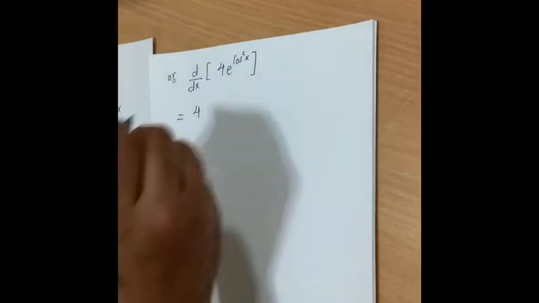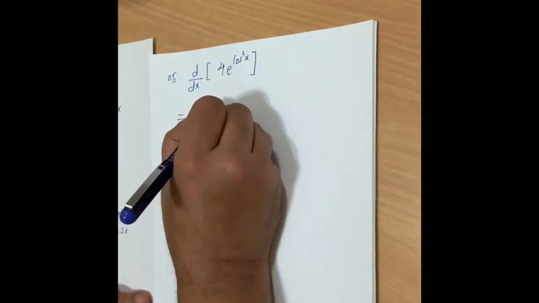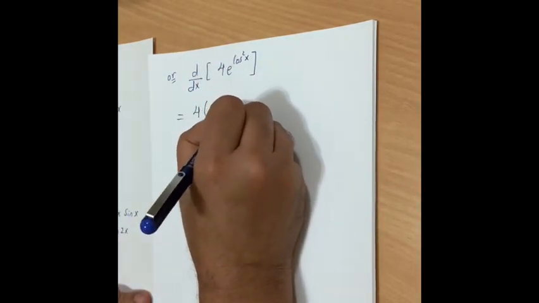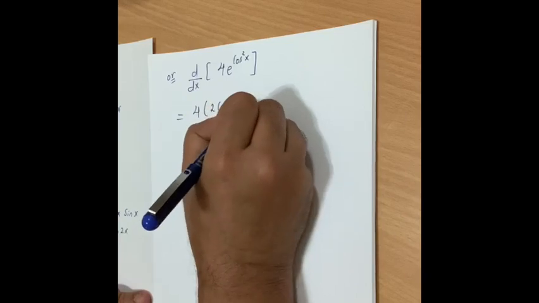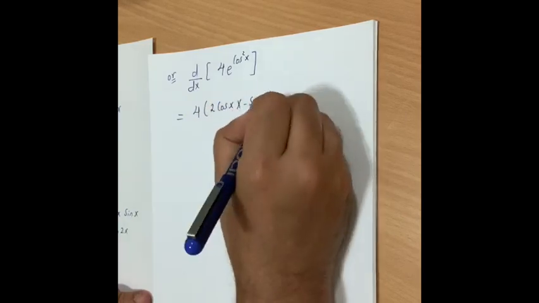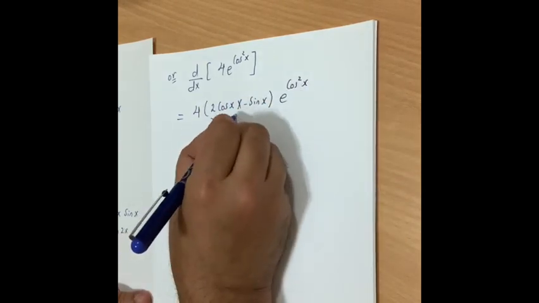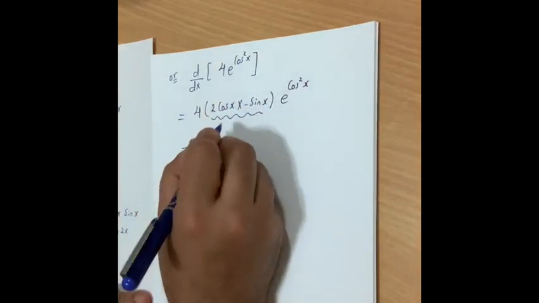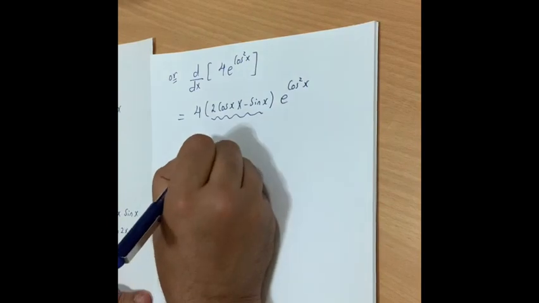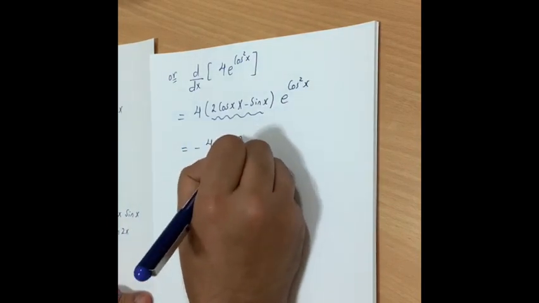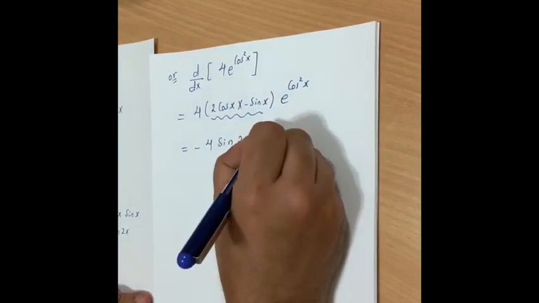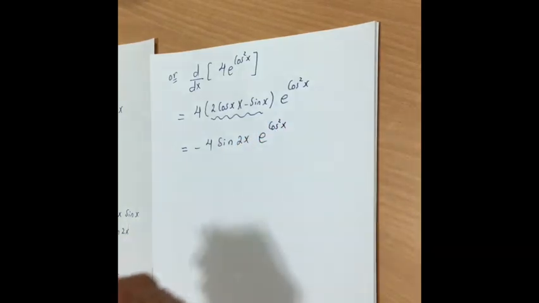Then the derivative of cosine squared is 2 cosine x multiplied by negative sine x, and keep e power of cosine squared x as it is. This part is the sine of the double angle, but remember you have a negative sign, so negative 4 sine of 2x e power of cosine squared x. So you get exactly the same thing.